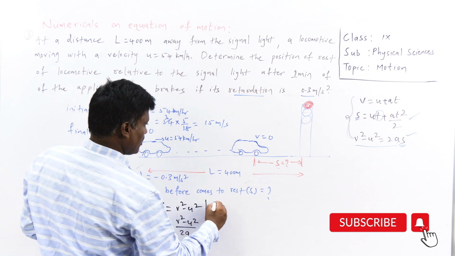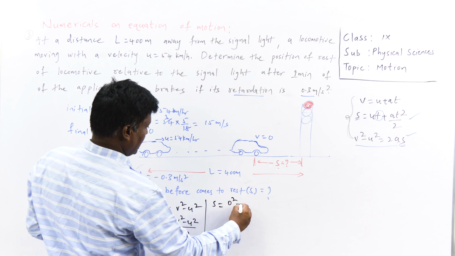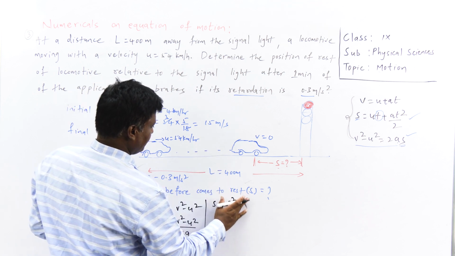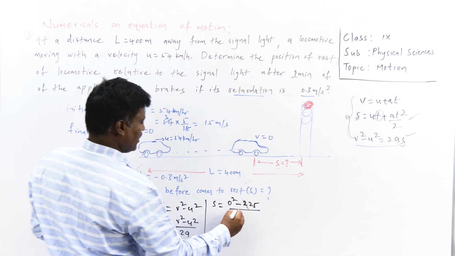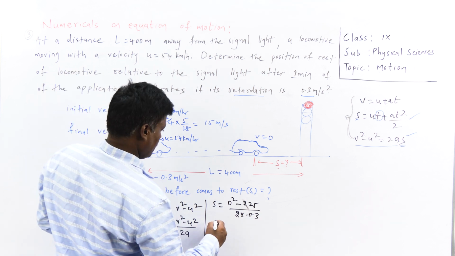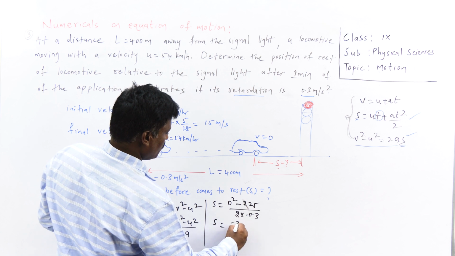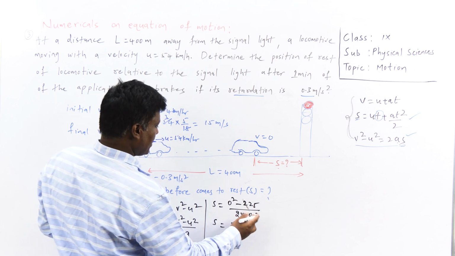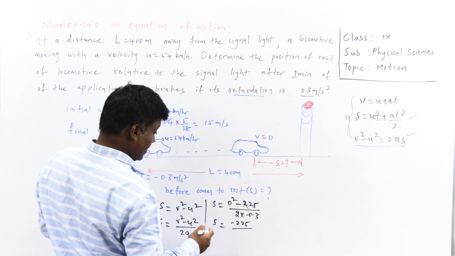Next, substitute the values. s = (0 - 15²)/(2 × -0.3). 15 fifteens are 225, so directly I am writing 225 by 2a, 2 into minus 0.3. 0 square is 0, minus 225 by 2 into 0.3. 2 into 0.3 is 0.6.